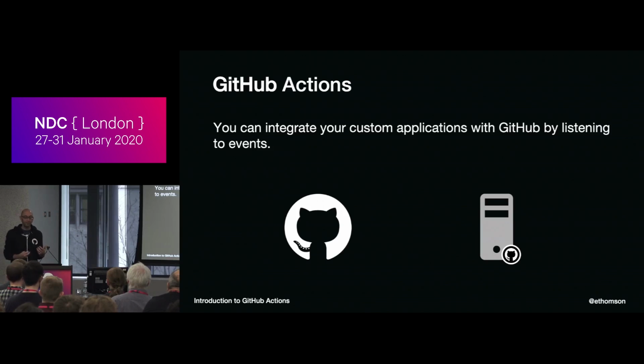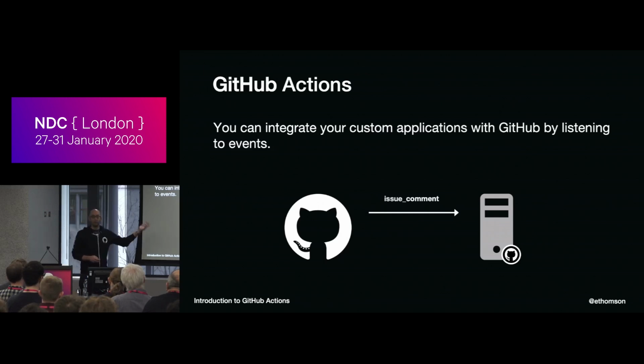We can take care of that burden for you. And so the idea of GitHub Actions is we will still let you listen to the same events, those same webhooks. So every time somebody creates an issue, every time somebody opens a pull request, whatever, we'll fire these events, but we'll fire them into one of our own pieces of infrastructure.